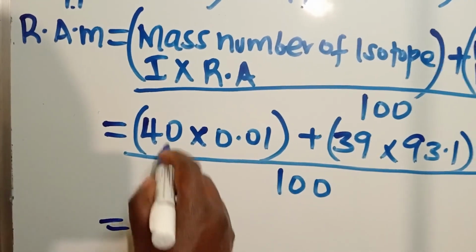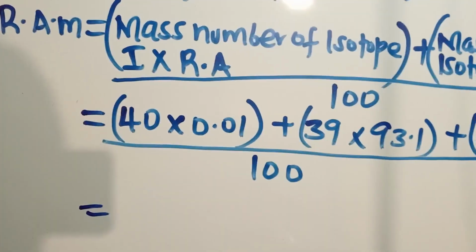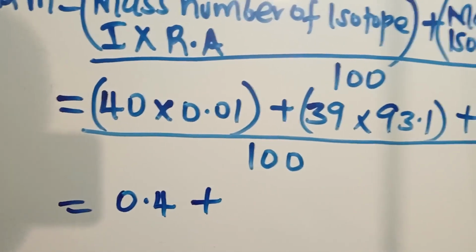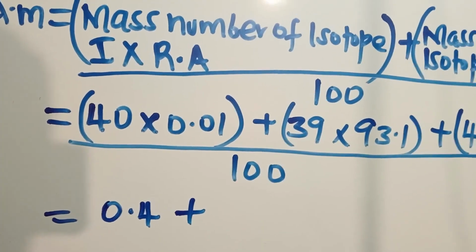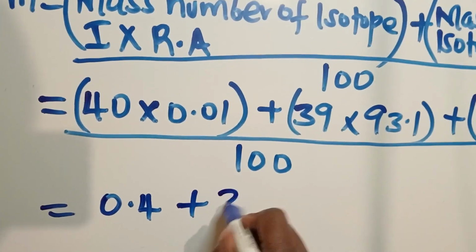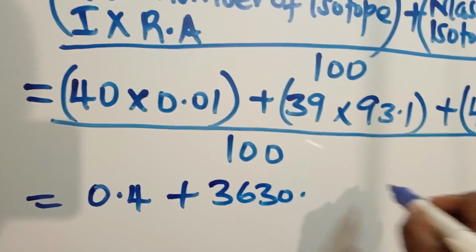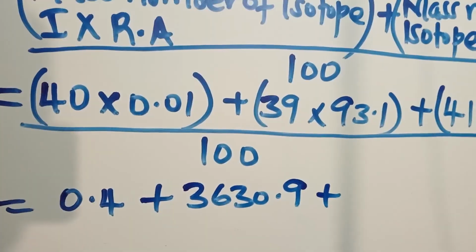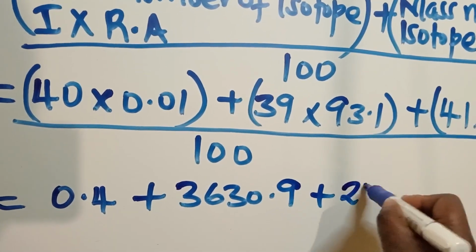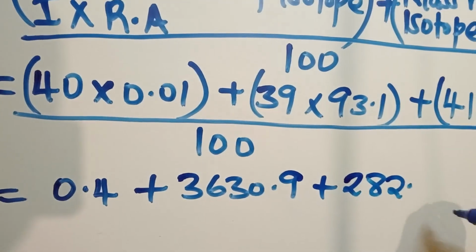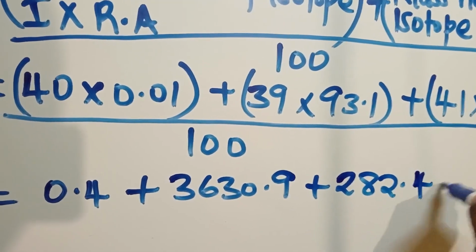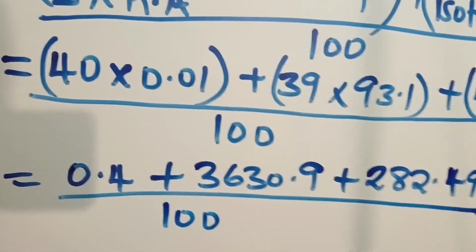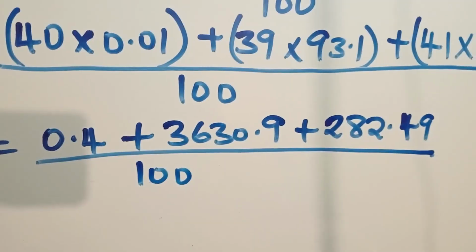So RAM is equal to 40 times 0.01, we get 0.4, added to the next one, you get 30.9, added to 282.49, and all of them again you divide with 100.